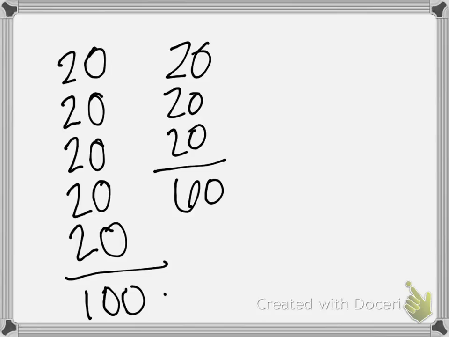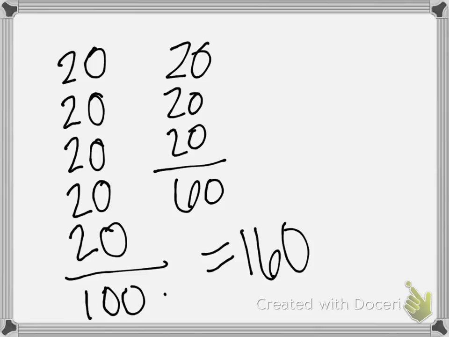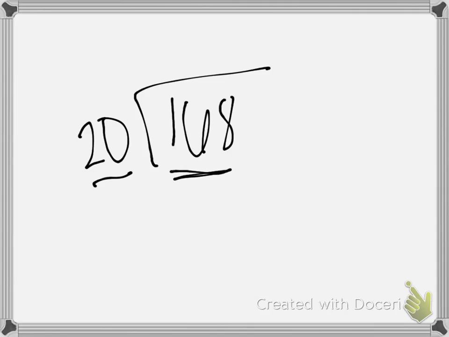So 100 plus 60, right now we have 160. Can we add another 20 to this to get closer to 168? No, because if we add another 20, we're going to go up to 180, and that is way too big, because we're trying to get to 168.